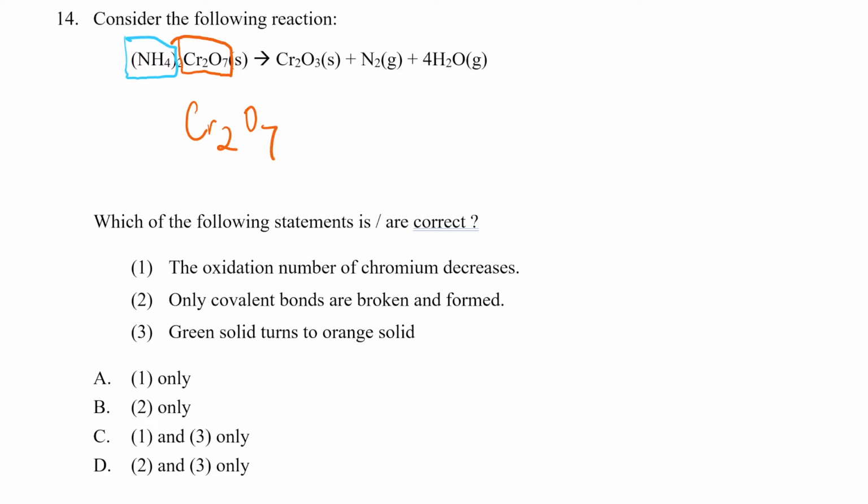Don't forget, now that you have split it into two, you need to add back the charge on it. So the charge is 2 negative. Now you can find the oxidation number. Obviously you're going to find the oxidation number of oxygen first, and that's how you're going to find the oxidation number of chromium. Most of the time you may ask, sir, how do I find the oxidation number? I suggest you always start with the more electronegative atom first.